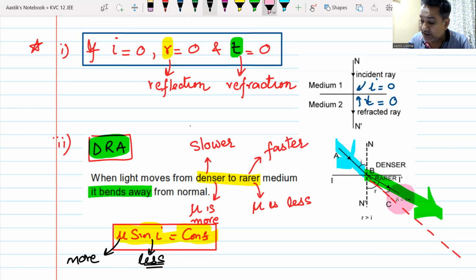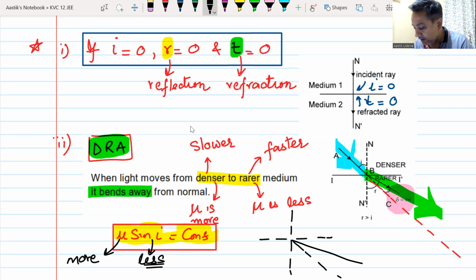This angle delta is the angle between the original ray and the new ray. This angle delta is known as the angle of deviation. Do we understand this? Everyone understands this?